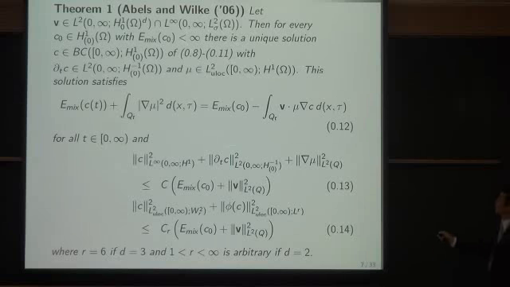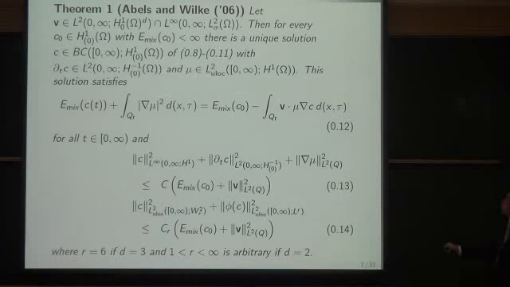This is the result by Abels and Wilke. Let v be in this class, and then for every c_0 in H¹_0(Ω) with E_mix(c_0) finite, there exists a unique solution c in this class. This is a bounded continuous function with values in H¹_0(Ω) of the previous equation, which satisfies that the derivative of c with respect to time belongs to here, and μ belongs to here.